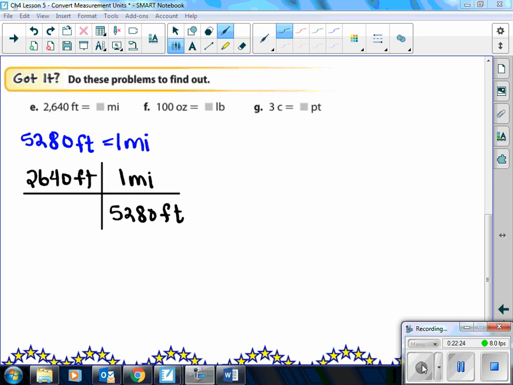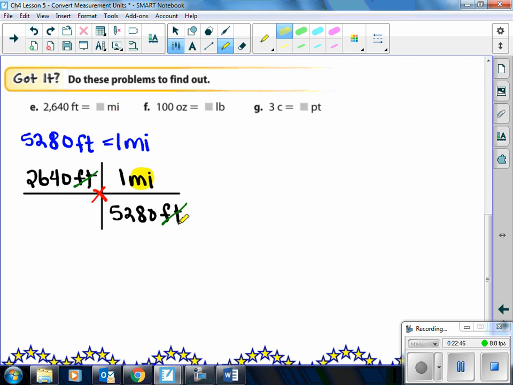So now we can multiply. But before we multiply, we should simplify, right? So here, feet and feet, those cancel out. So now what am I left with? I'm left with miles, which is what we're looking for, right? That's what we're looking for.